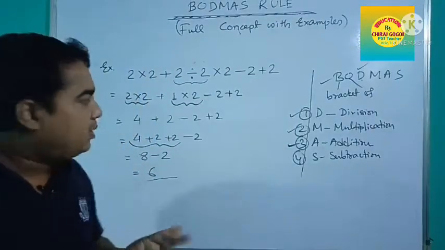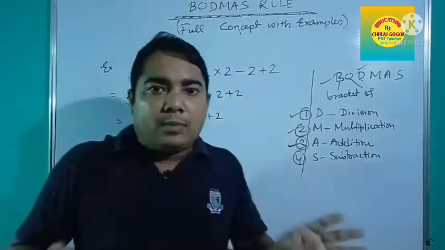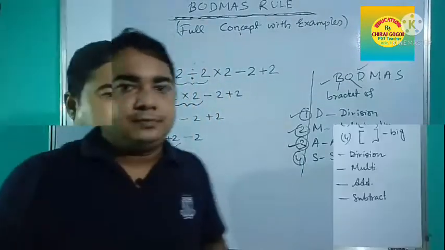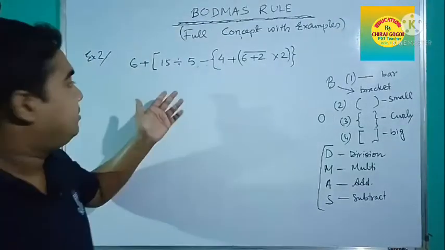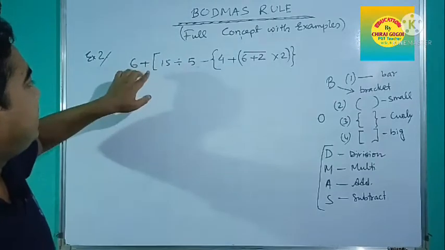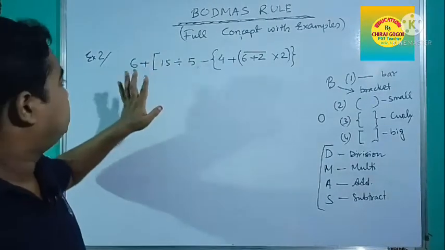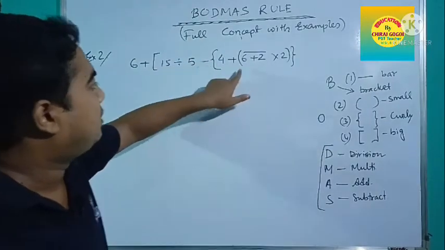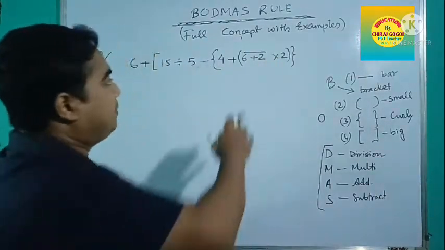Now, in the next example, I'll apply all the bracket rules. Example number 2 is: 6 plus a big bracket or square bracket, next a curly bracket or middle bracket, a round bracket or small bracket, and a bar.